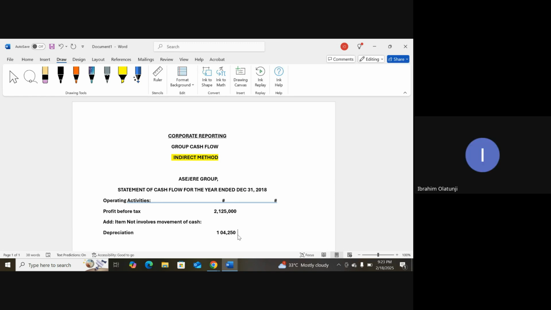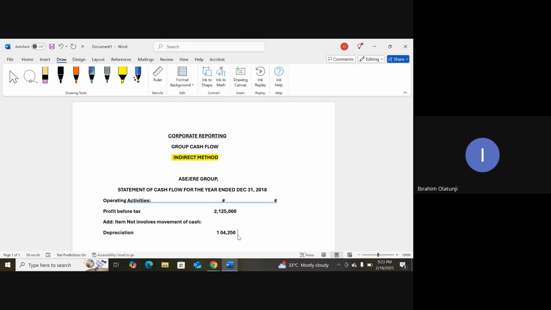Depreciation does not involve the movement of cash. So as a result of that, you have to add it back.